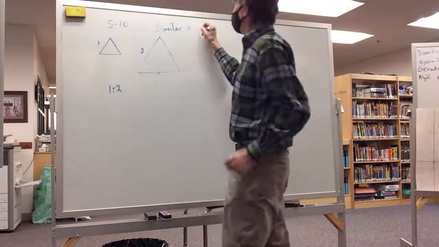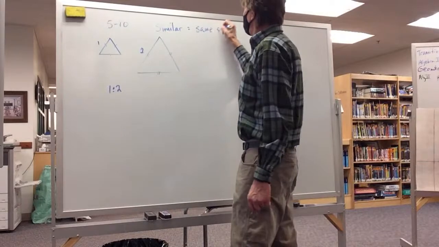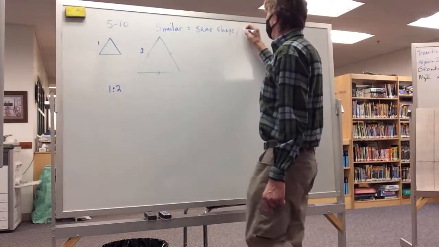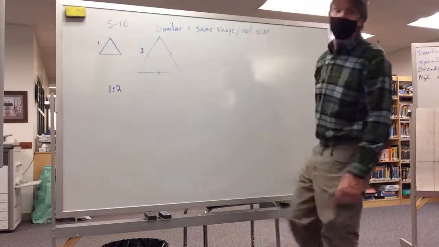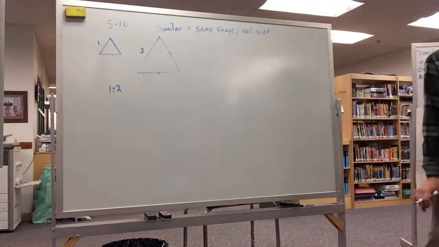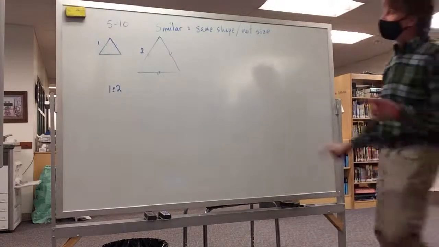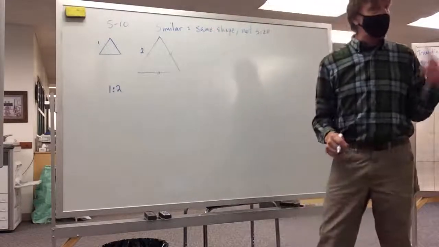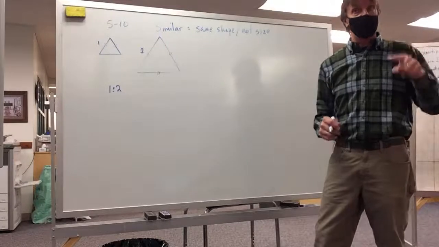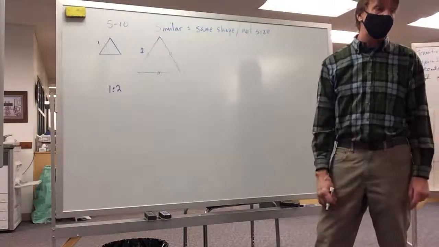So similar means the same shape, but not necessarily size. Now, more importantly, when we have the same shape, the ratios of the side lengths are going to be equal to one another.